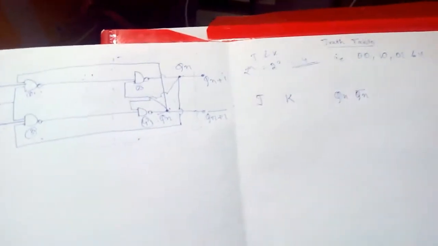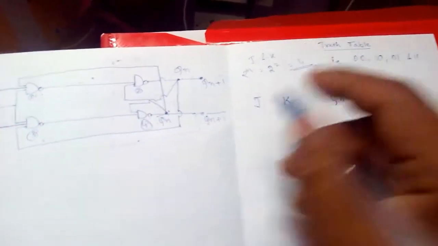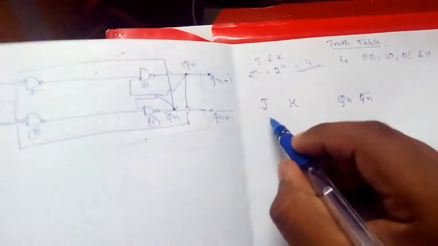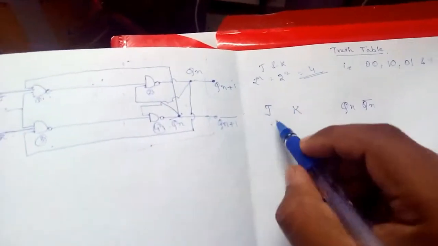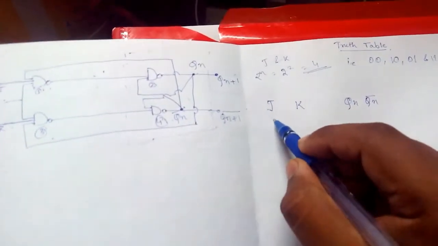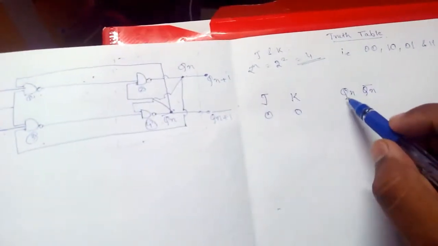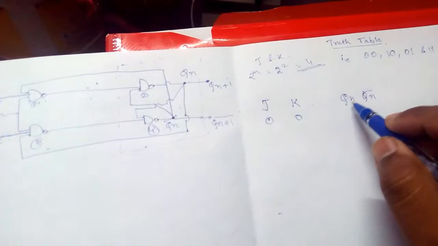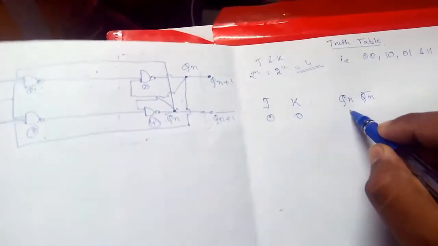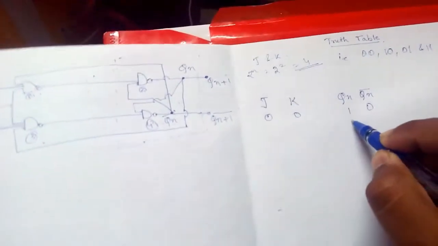Now the first inputs would be 0 and 0. There would be two possible outcomes of Qn and Qn dash, that is 1 0 or 0 1.